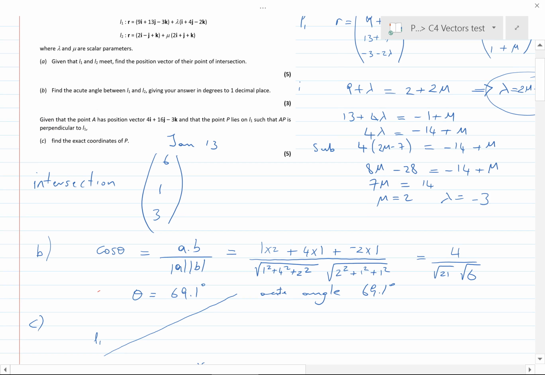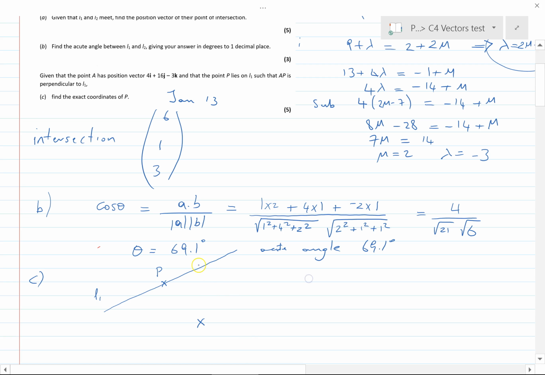And it's telling us that the point P is on the line such that it's perpendicular. That's not a good placement for it, is it? That's not perpendicular.